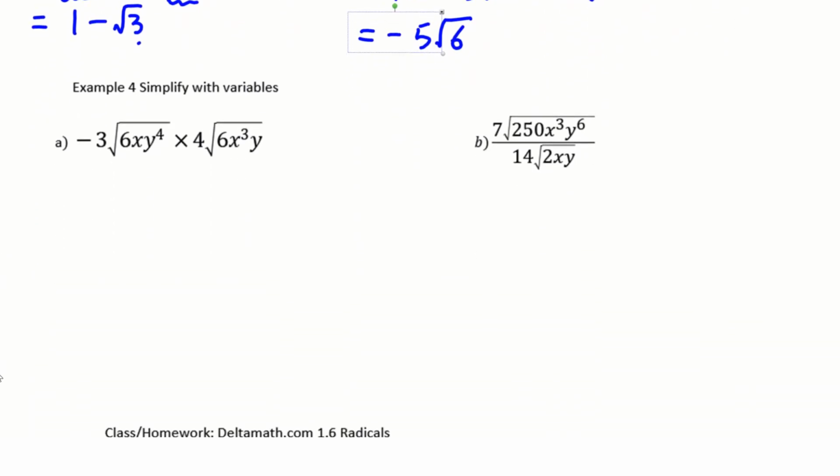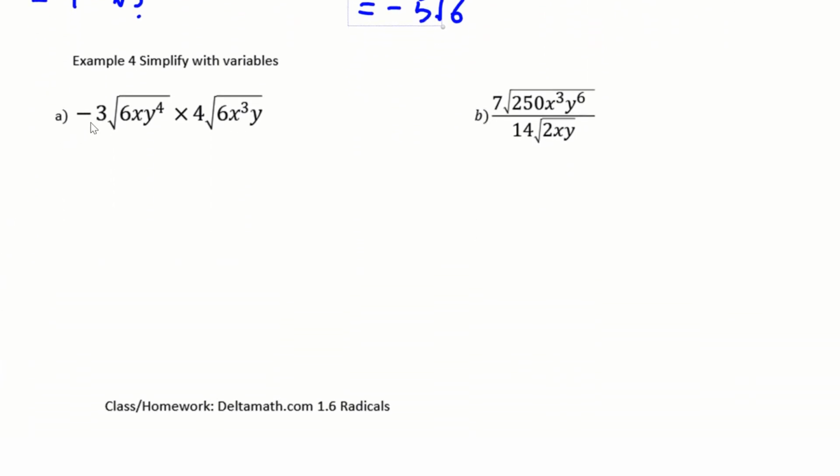And the last one is multiplying and dividing the radicals. So the number at the front, negative 3 times 4 is negative 12.